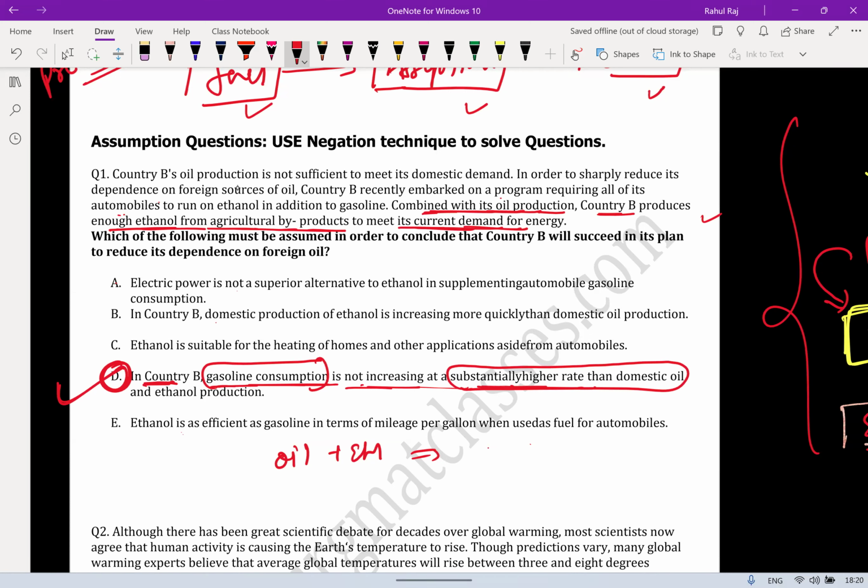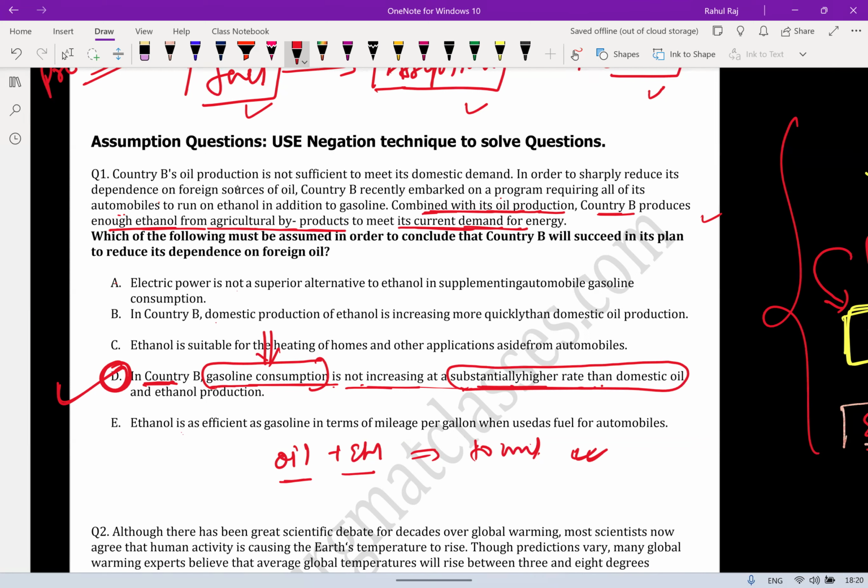Is this clear? Yeah. So if the author is concluding this, Tara, that oil plus ethanol is sufficient to meet the current demand, think what the author must have assumed in his head before coming down to this point, or before the author gave you this final message. The author must have 100% taken into consideration, Tara, that consumption is not increasing substantially, meaning the author might be 100% knowing that consumption is anyway not going to exceed the production.